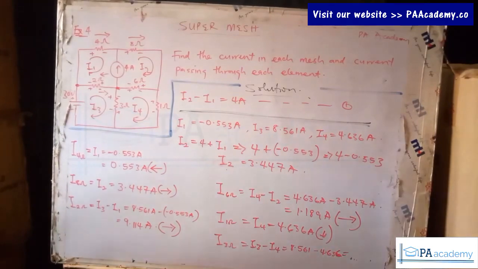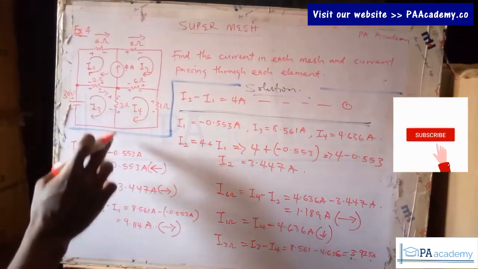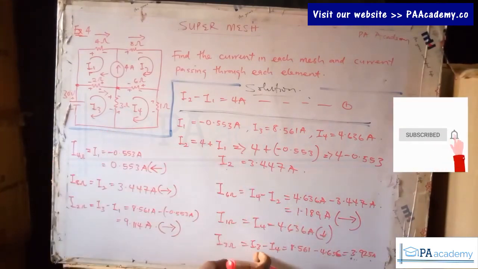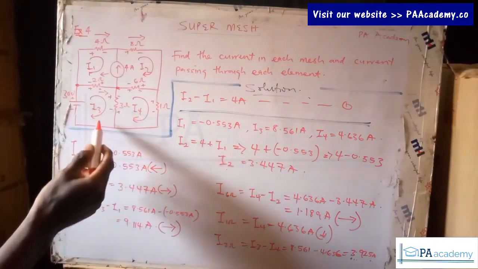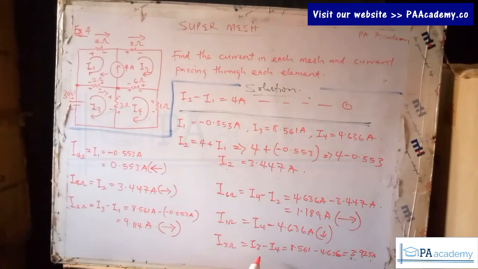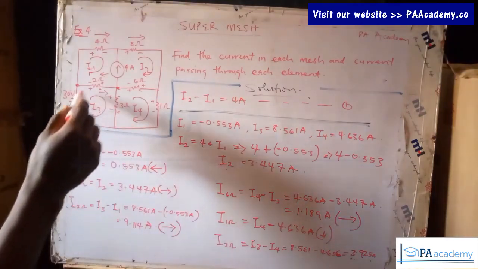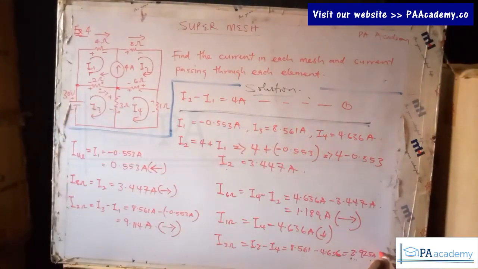And that will give us 3.925 amperes. And the direction will be the direction of I3, since I3 is higher than I4, so it will be downward.